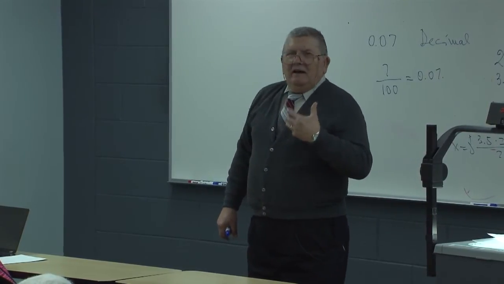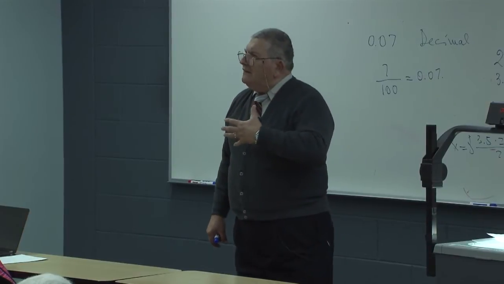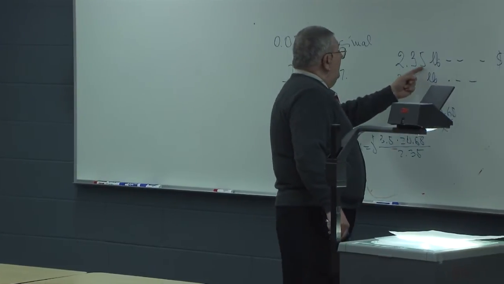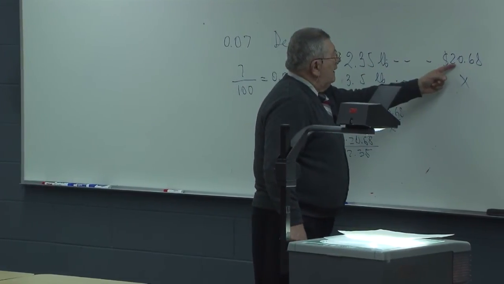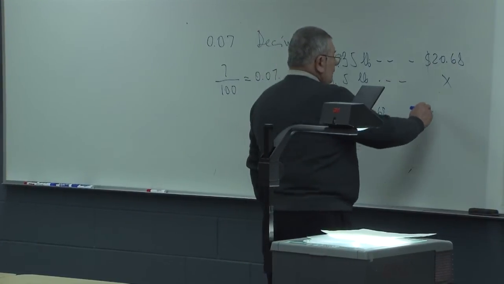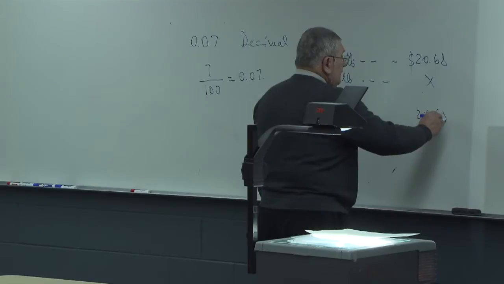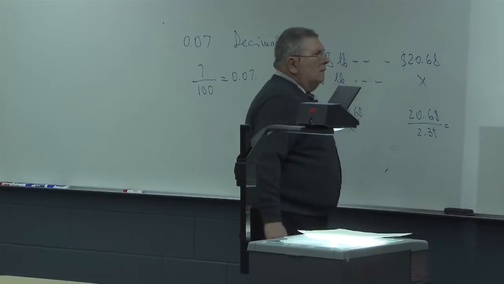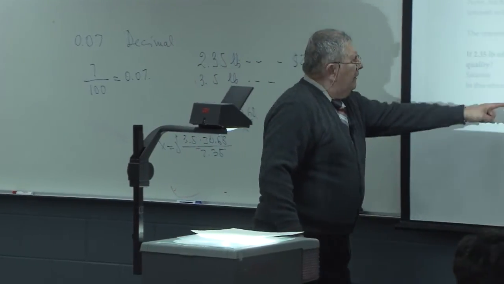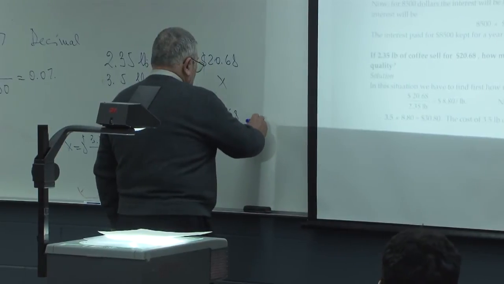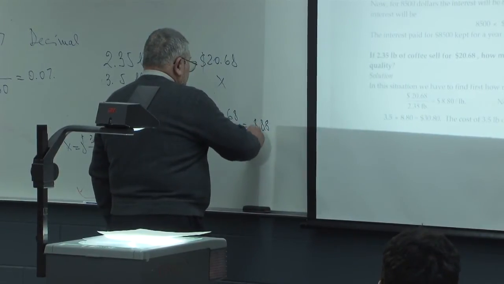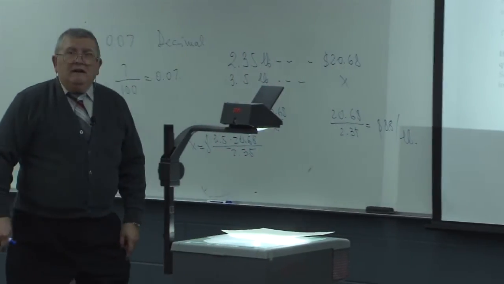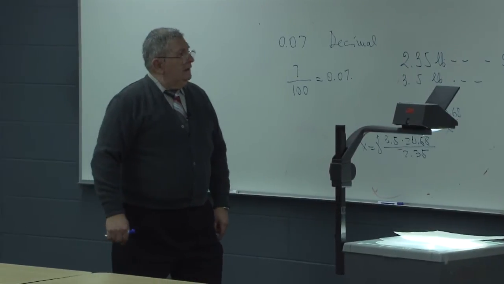But there is another way which reveals a little bit more. So if 2.35 pounds is selling for $20.68, then 20.68 divided by 2.35, which is 8.80, so $8.80 per pound. This coffee is sold at $8.80 per pound.